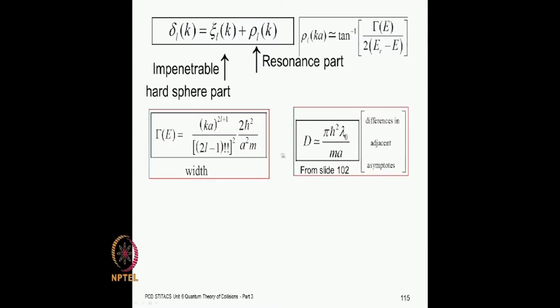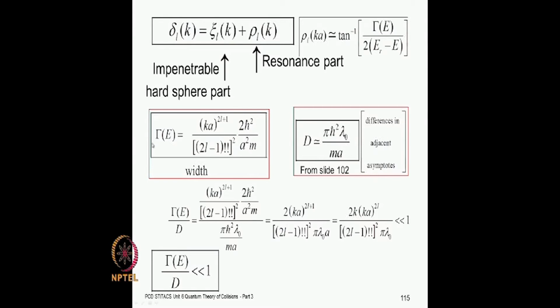Now if you take the ratio of these two, gamma over D, you find that this ratio is a rather small number. What it means is that the widths are small compared to the energy spacing between the resonances, which is why the resonances will appear as spikes, because the energy spacing between the resonances is given by capital D, which is the spacing between the adjacent neighboring asymptotes.